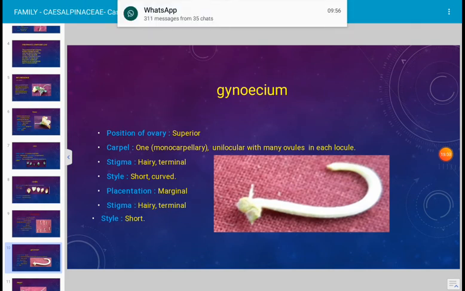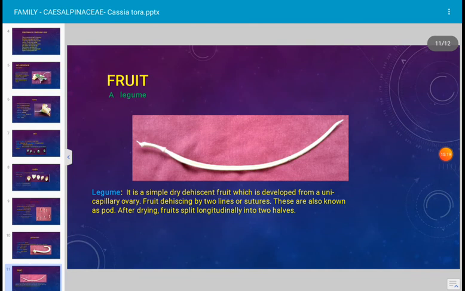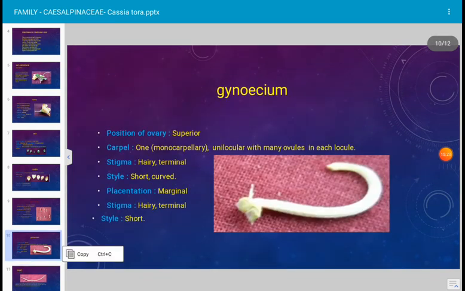What is the stigma? The stigma is hairy. It is situated at the top of the style and it is terminal. Always it is terminal. The style is short and slightly curved at the top, bent. Placentation is the attachment of the ovule.